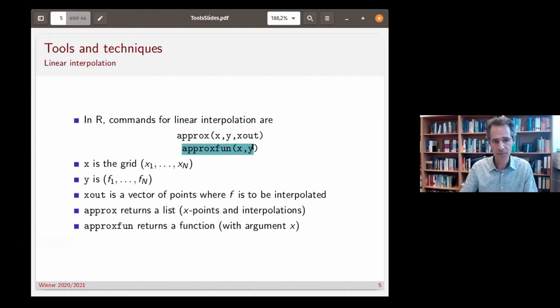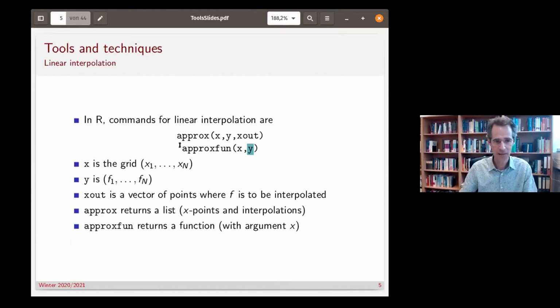The Approx fun command is very similar. It has the same first arguments: the vector of grid points x, and the vector of functional values y. But in contrast to Approx, Approx fun does not return a list, but a function, which is actually very convenient. So I think in general, Approx fun is the command of your choice.